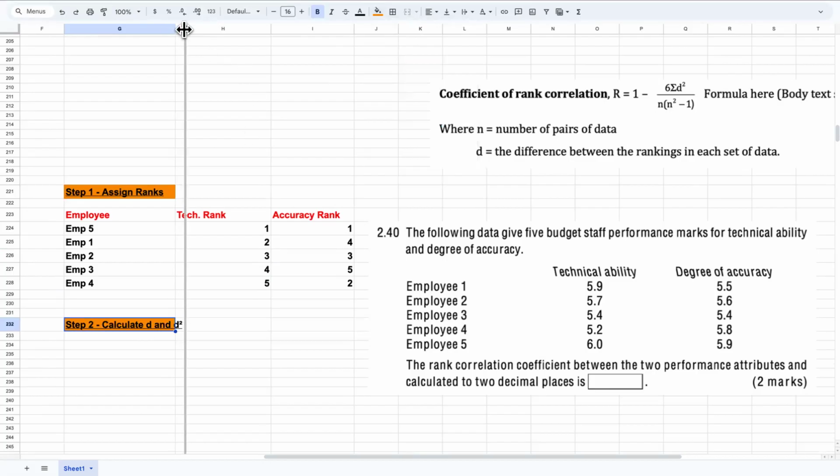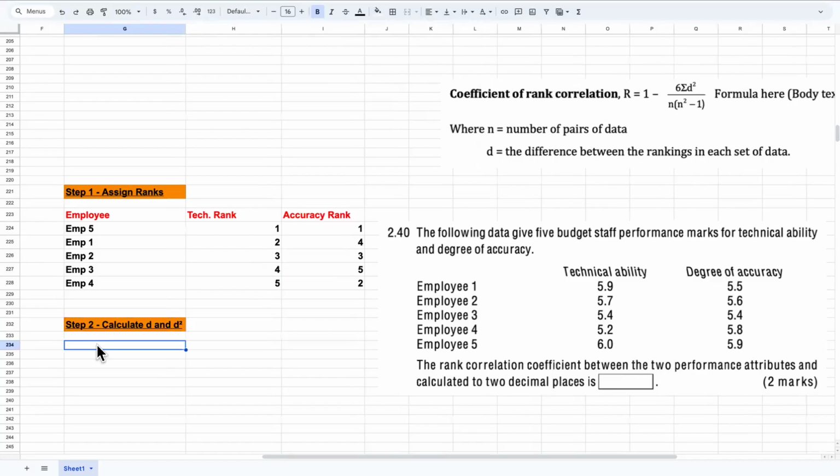How can we calculate? Now we can take this D as the difference between tech rank and accuracy rank, and then we can have the D squared also. I'll calculate first, then you can understand well.